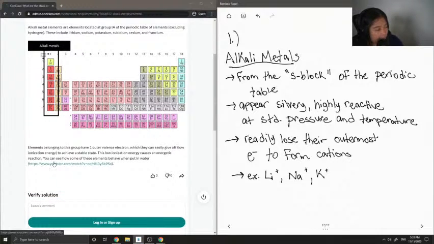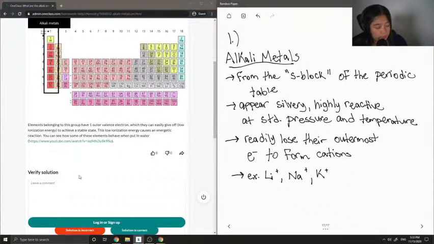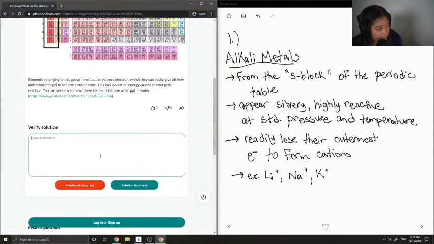Elements belonging to this group have one outer valence electron, which they can easily give off since it has a low ionization energy to achieve a steady, stable state. This low ionization energy causes an energetic reaction. You can see how some of these elements behave when they are put in water, and they give a cool YouTube video link. Okay, so this solution is correct. Great explanation.